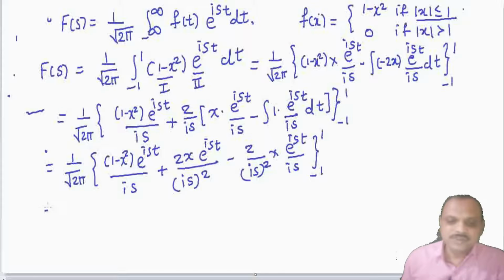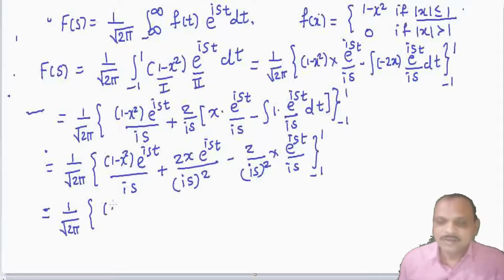So let us put the upper limit: 1 divided by under root of 2 pi, t equal to 1. Here we have to convert this, we made a mistake, we have to write it in terms of t.